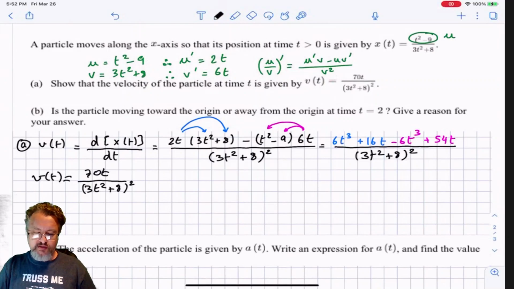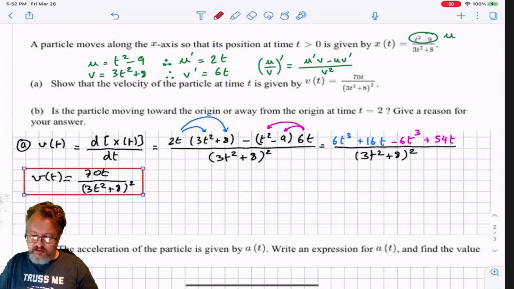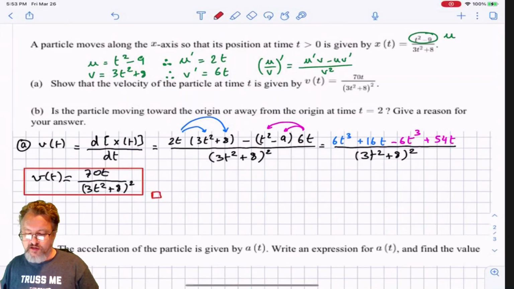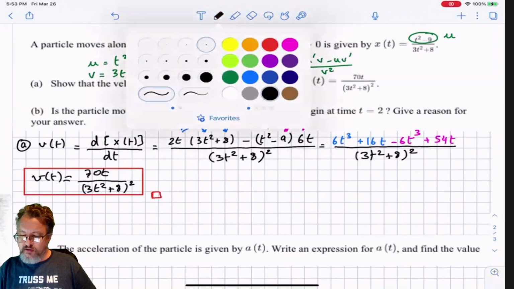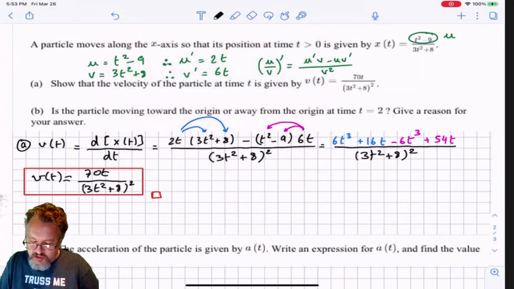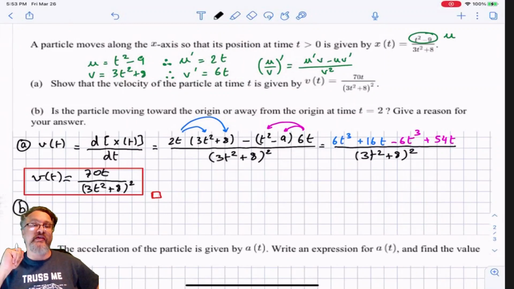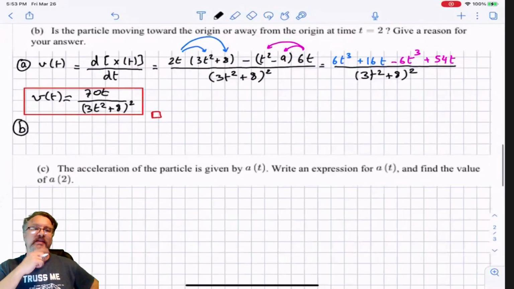So at this point, I'm just going to make a box right here, and put a little square at the bottom to show that this is what I wanted to do. You can also see sometimes the letters QED, but it doesn't matter that much. This is just to show you that this is the result I was expecting, and so I'm done with that little problem. Okay. All right, let's look at part B now.